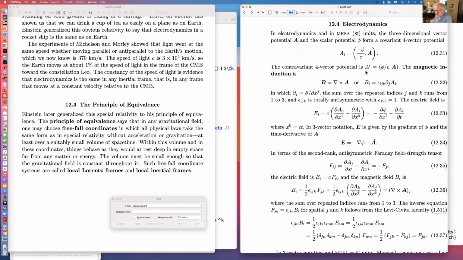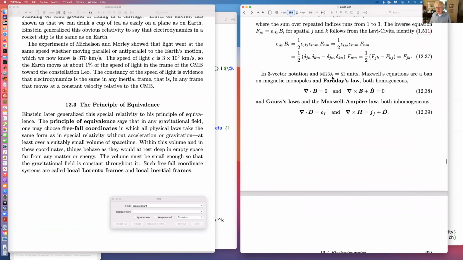In elementary electrodynamics, one typically talks about 3 vector A, first about the electrostatic potential and then introduces the 3 vector A. And then if one does special relativity, one combines them like this into a 4 vector.